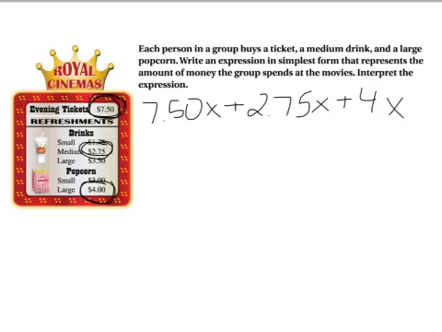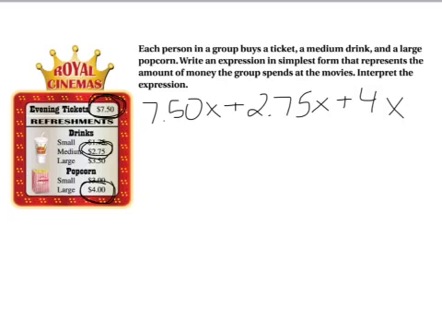This is each one of my expressions. This was my movie ticket. X represents how many people, because we're talking about the group. We want to know, if this is what one person spends altogether, how much would this be altogether? Well, really this is kind of overkill, because you have three different like terms.